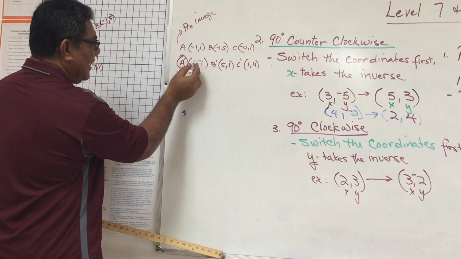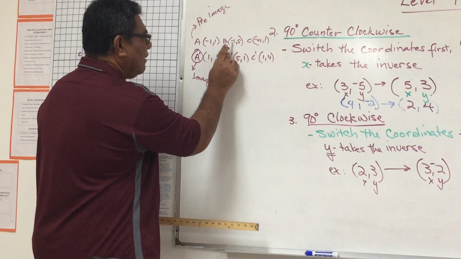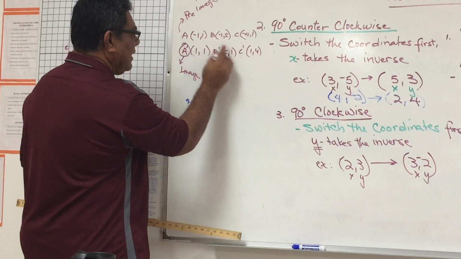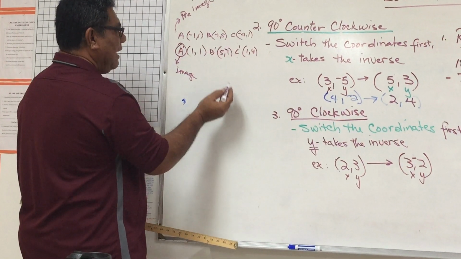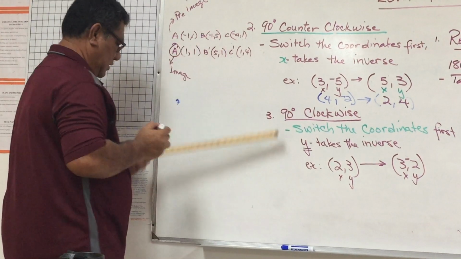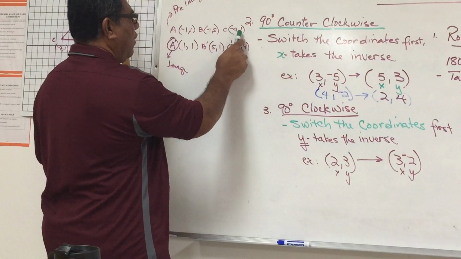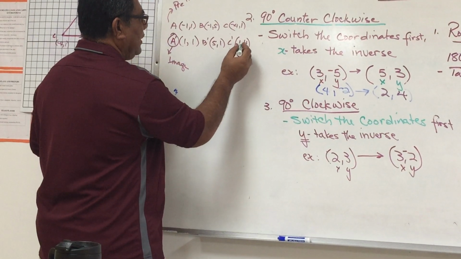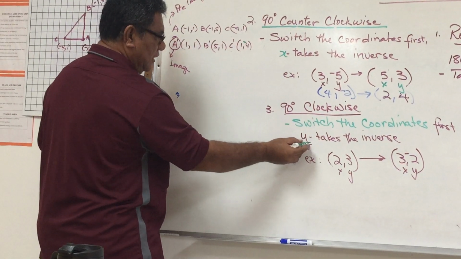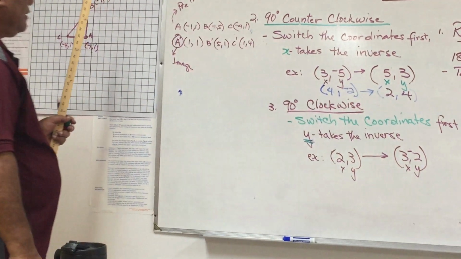So we're changing the negative to the positive. We're swapping the 1 and the 5, and the -1 becomes positive, the opposite. For the -4 and 1, we swap the 1 and the -4. Again, the rule says y takes the opposite, therefore we remove the negative.